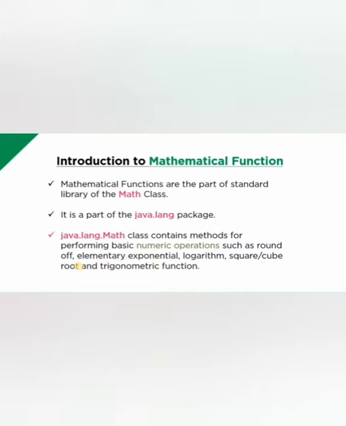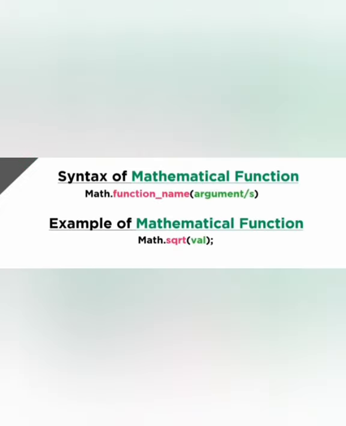So, the syntax for a mathematical function is Math.functionName, then in the brackets the argument. Argument means values. This is a simple example of a mathematical function: Math.sqrt(value); then semicolon. It's important, that semicolon. Math means the Math class, then the function name.